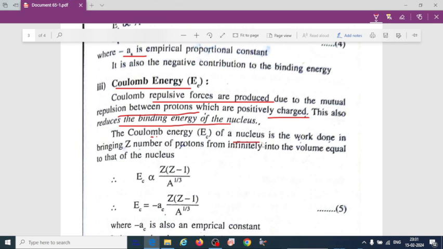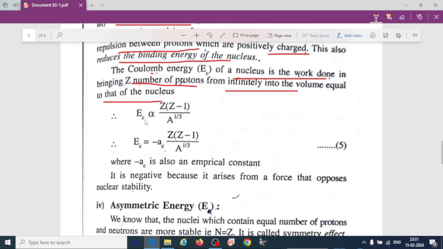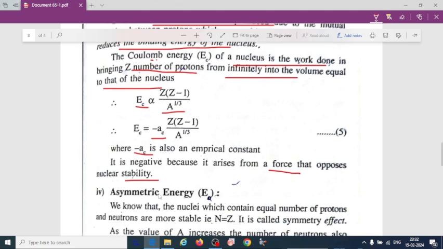The Coulomb energy of a nucleus is the work done in bringing Z protons from infinity into a volume equal to the nucleus. So we can write this Coulomb energy as Z(Z−1) divided by A to the power 1/3. The negative sign is there, with an empirical constant, because it is due to the force that opposes nuclear stability.